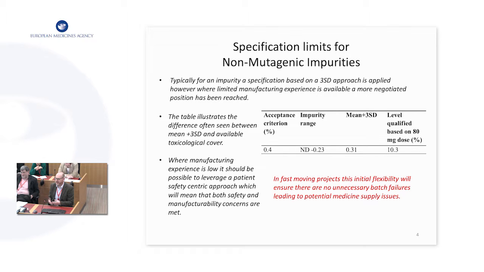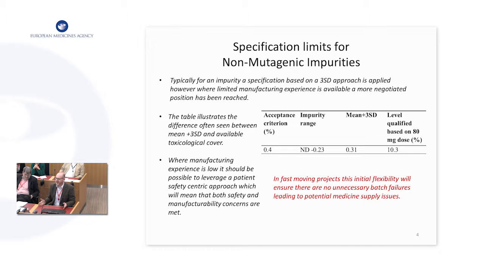To put that into some context, that same impurity, when you look at the preclinical data, was qualified up to 10.3%. Now that's not typical, but normally we do see, in a number of cases, that significant margin between what is safe from a preclinical point of view and the actual levels that we see routinely within the batches.